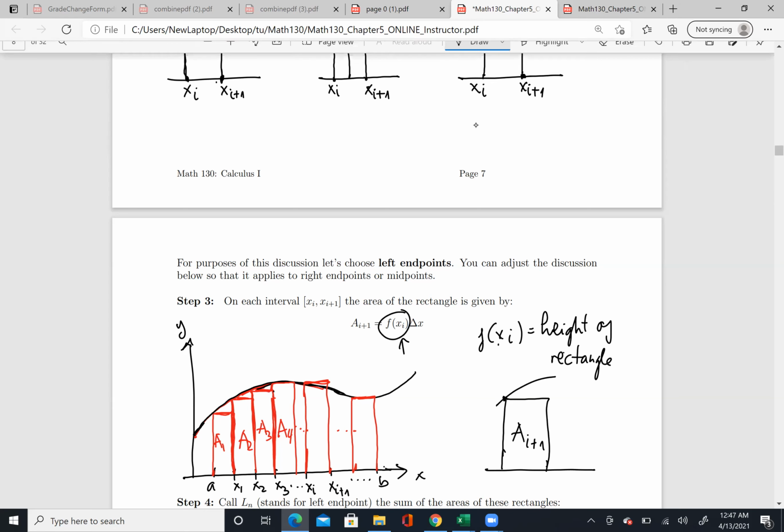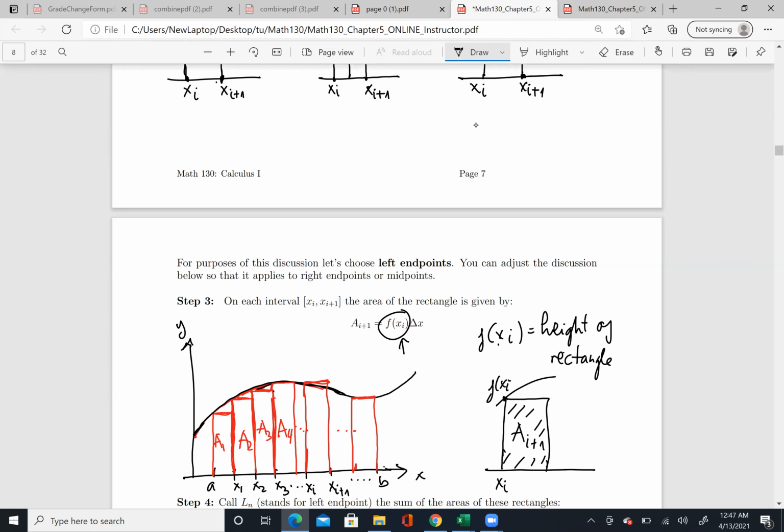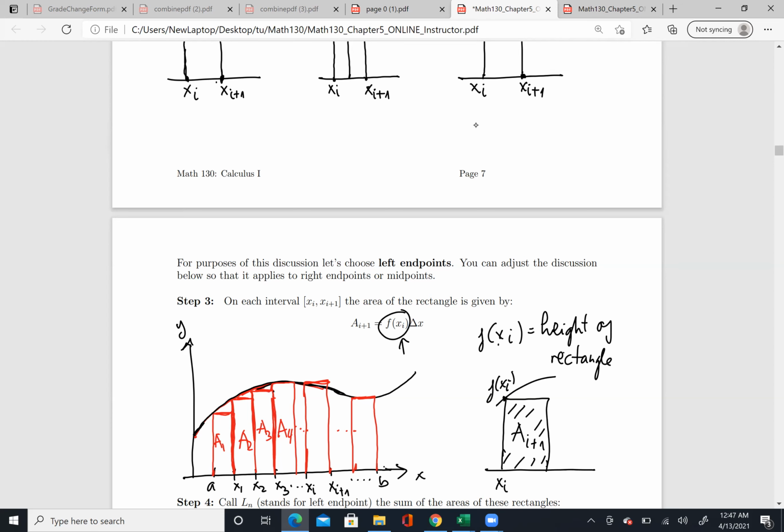Then the area of A_{i+1}: it is x_i, and it is f of x_i, that will be x_{i+1} in between, so we get delta x, the width of the rectangle.